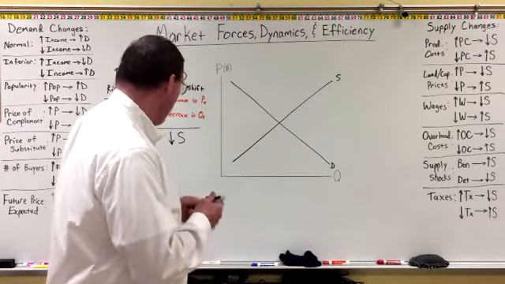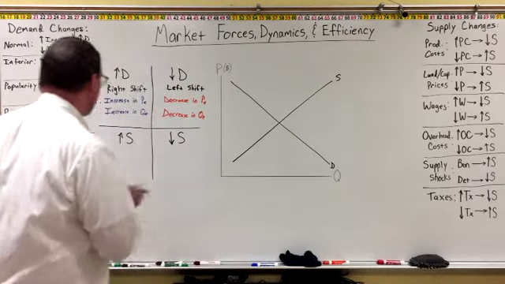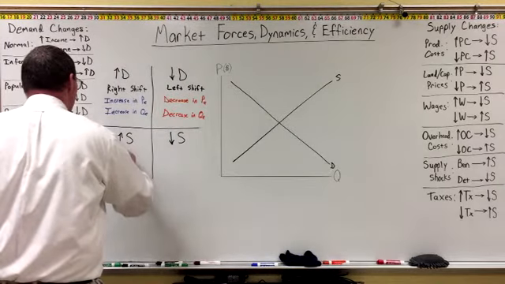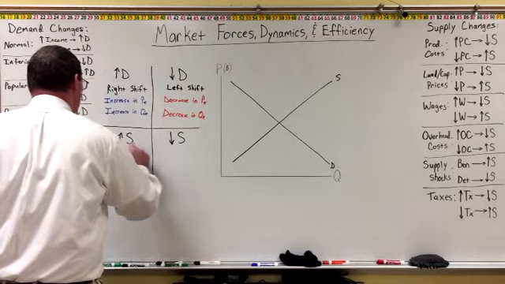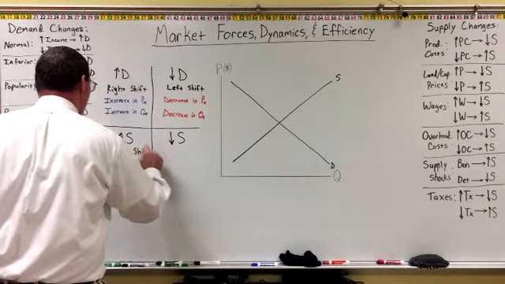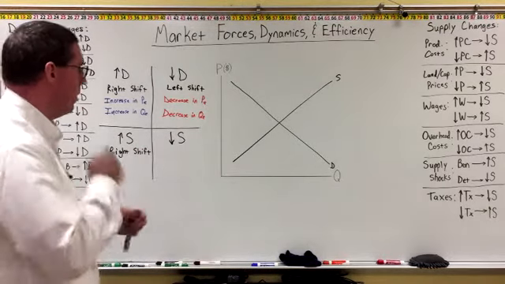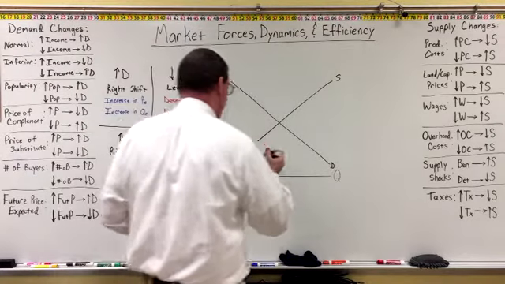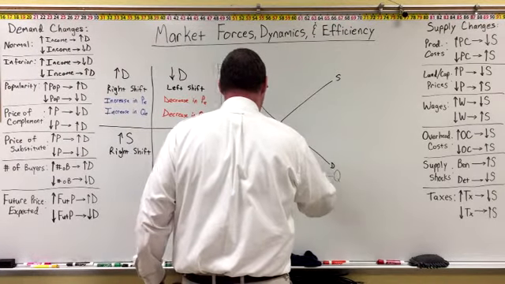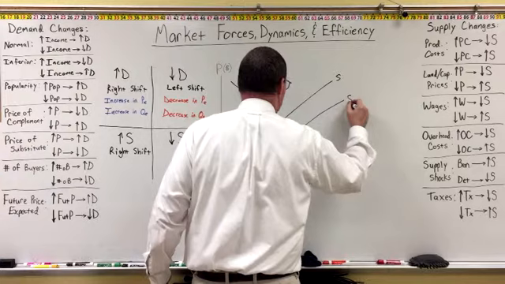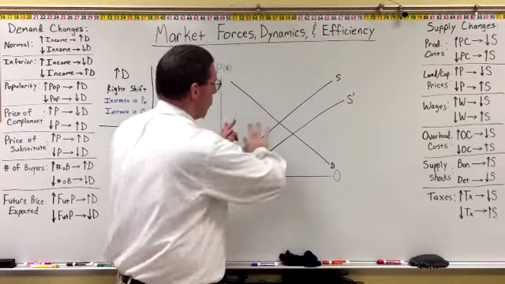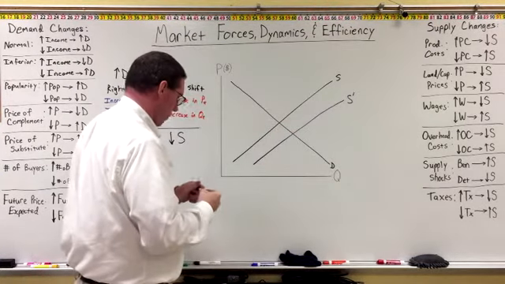So when supply increases, that's going to result in a right shift of the supply curve. And when the supply curve shifts to the right, it'll look like this, and we'll call that S prime. So a rightward shift of the supply curve.